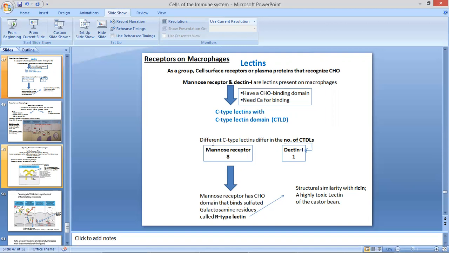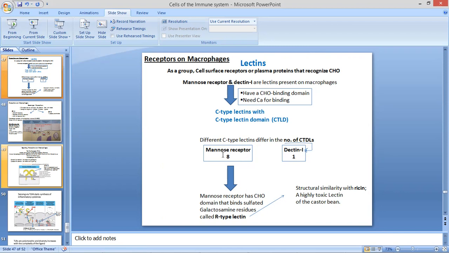The different C-type lectins differ in the number of these C-type lectin domains, the binding domains which require calcium for binding. So, for instance, in the case of mannose receptors, there are 8 CTLDs, while in the case of dectin, there is only one CTLD.